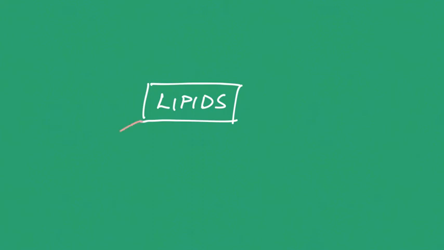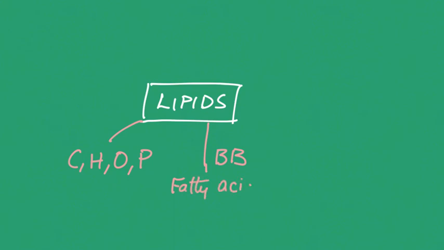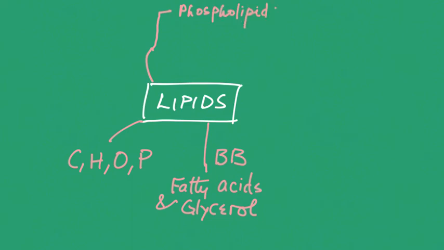Let's quickly recap what we know about lipids. Lipids are carbon, hydrogen, oxygen, and phosphorus. The building blocks are fatty acids and glycerol. You can have either 2 fatty acids and 1 glycerol or 3 fatty acids and 1 glycerol. There are 3 classes of lipids, and they are phospholipids, steroids, and triglycerides.